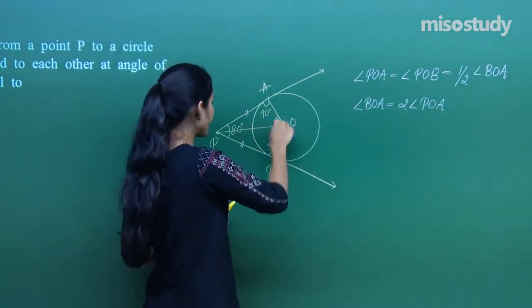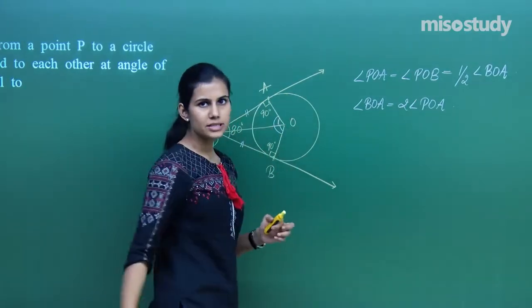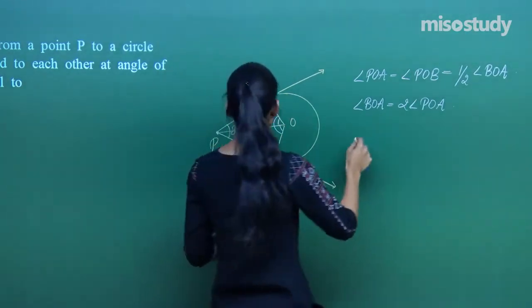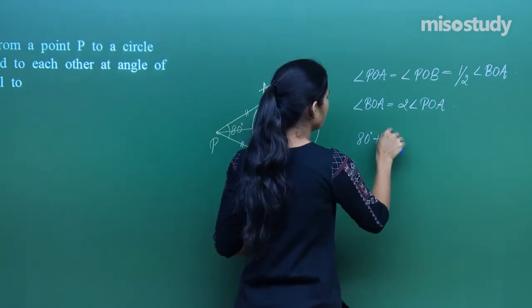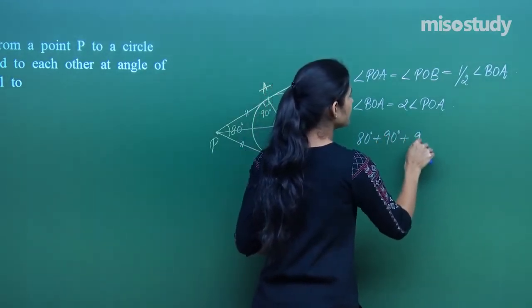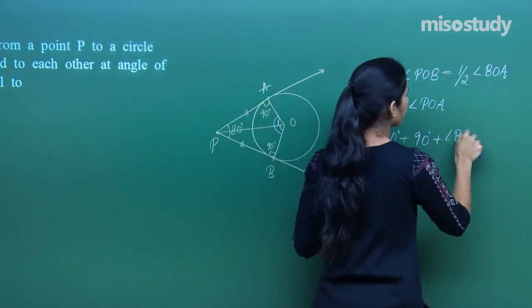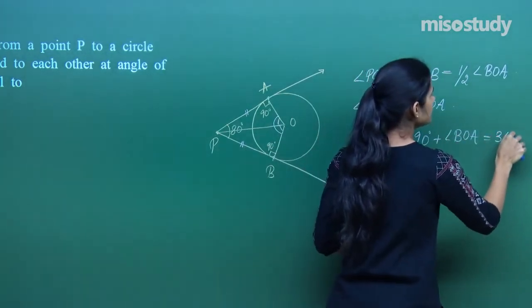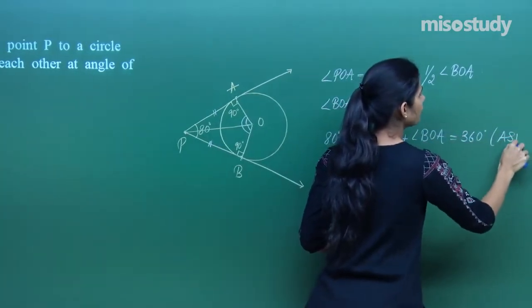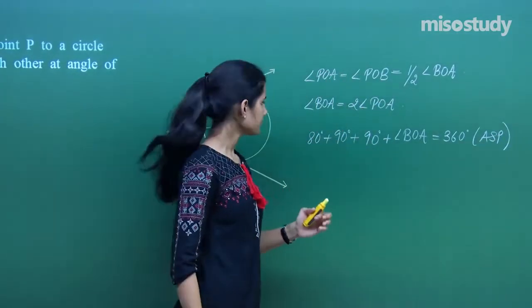Now if you consider AOBP, this is a quadrilateral, sum of whose angles is 360. So you have 80 degrees plus 90 degrees plus 90 degrees plus angle BOA is 360 degrees by angle sum property of a quadrilateral.